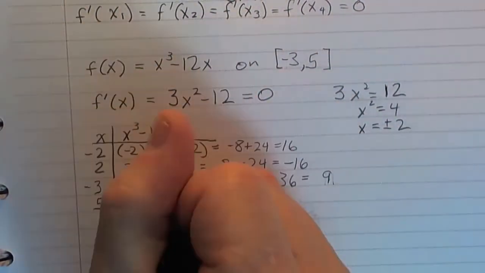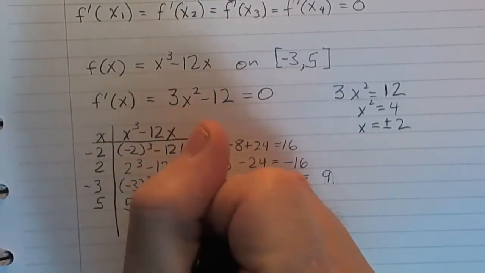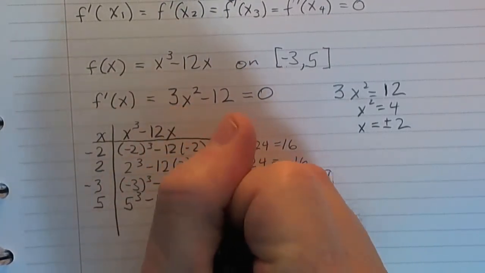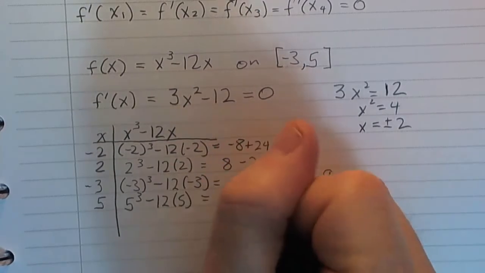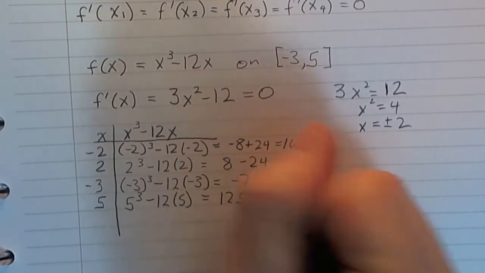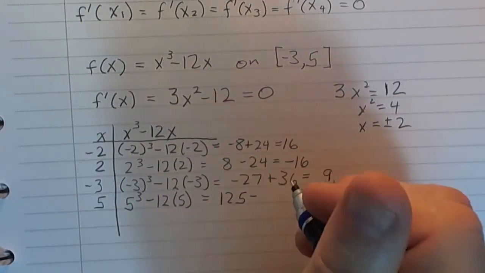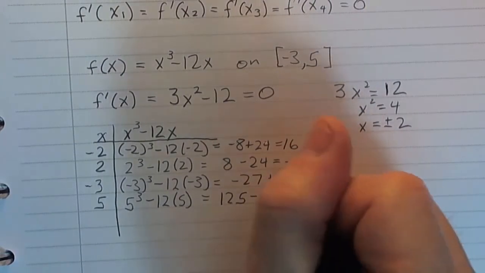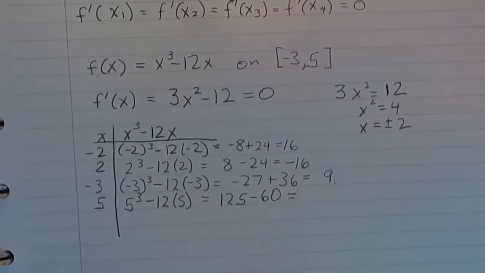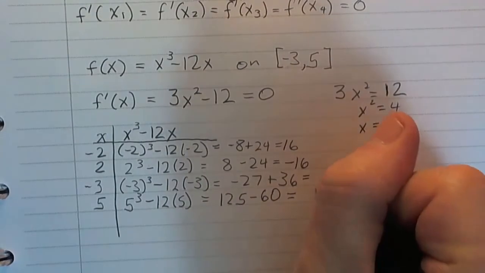Now we put in the 5: 5 cubed minus 12 times 5. We get 125 minus 60, and that is 65.